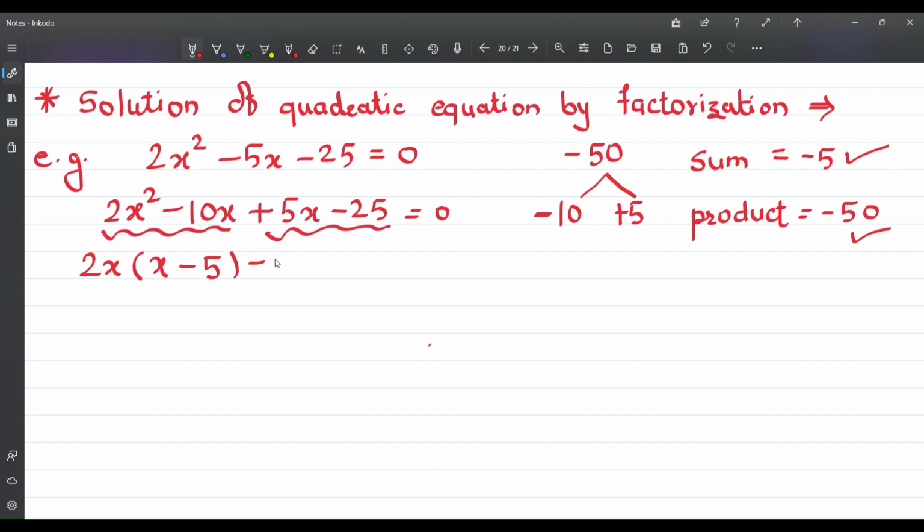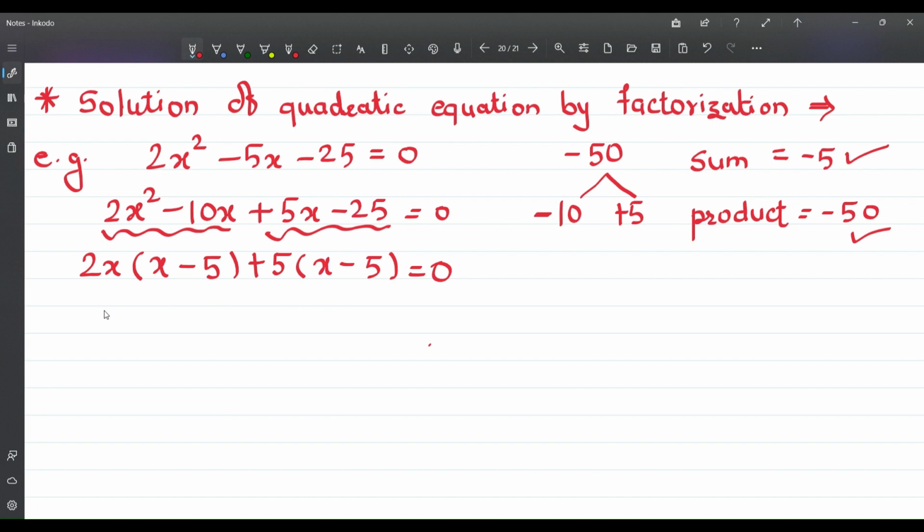Okay, so first what we have to do here, we have to take 5 common, then the remaining term will be x minus 5. So now you can see here 5 into x is 5x, 5 into minus 5 is minus 25.